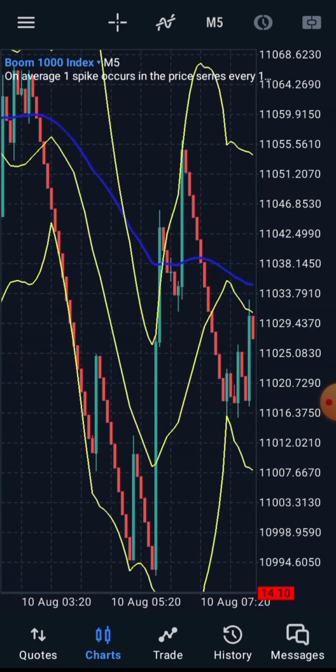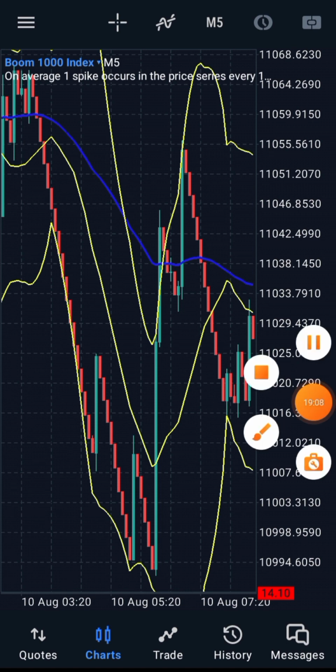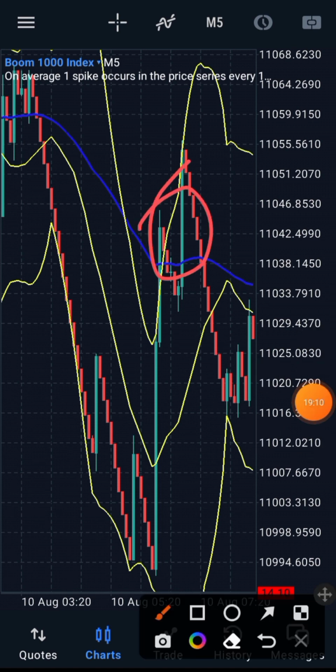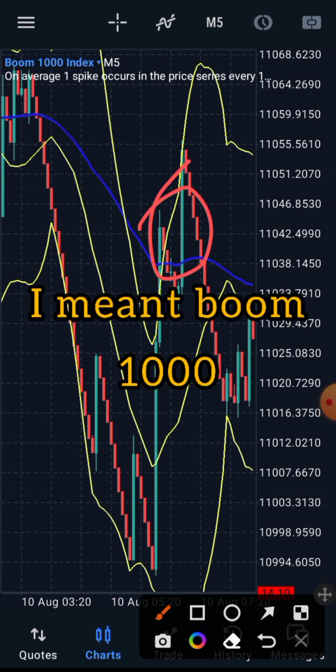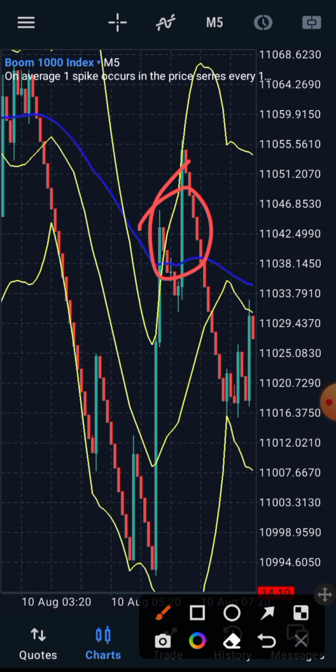So this is it as well. But the thing here is that sometimes I don't trade the Crash 1000 because it's the Crash 1000, especially when I'm using a lower equity, because it's very volatile.